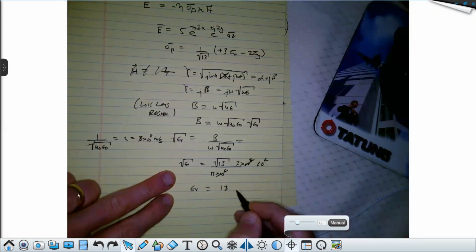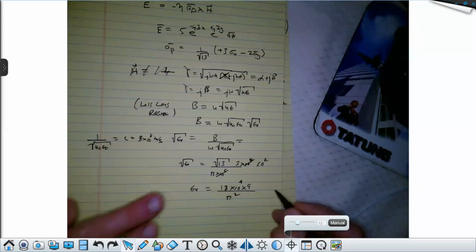If I square that, I have 10 to the 4th. And then I have 3 squared, or 9 over pi squared. And that would be epsilon relative. Do you agree with me? Are you with me on this? Now, what's the value going to be? Anyone?